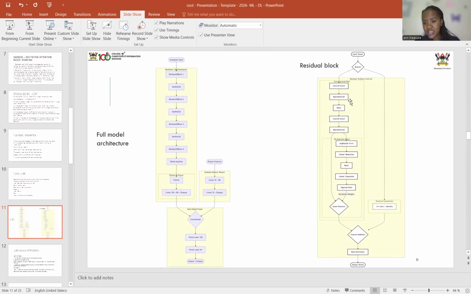So this is the residual block, whereby we have an input tensor. The branch is where the identity is saved.